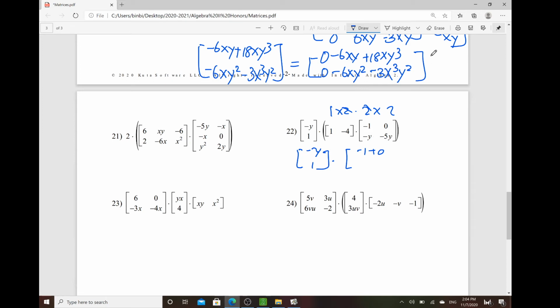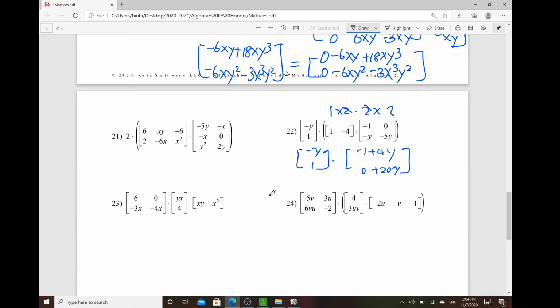Wait a minute, I think I did it wrong. I put it in row times row, but it's supposed to be row times column. So 1 times negative 1, negative 1. Negative 4 times negative y, positive 4y. And then row times column, so negative 1 times 0, that's nothing. Negative 4 times negative 5y, 20y.